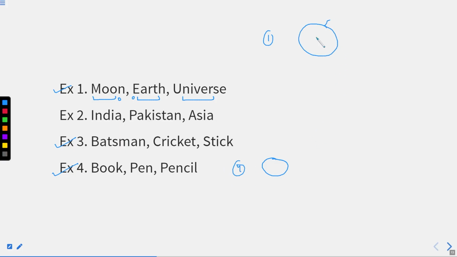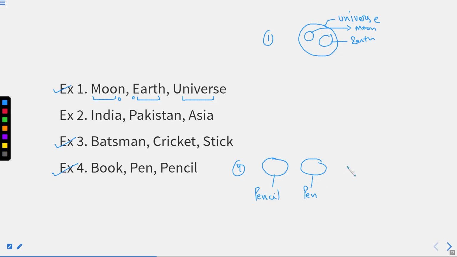In the fourth part, I mark this circle as pencil. Now pen and pencil are two different things, so I mark this as pen.